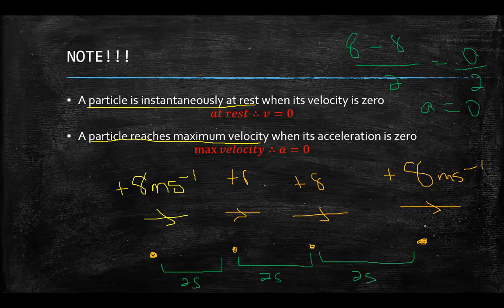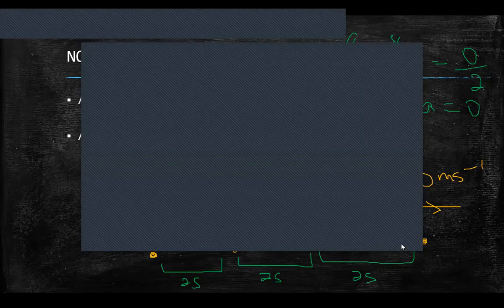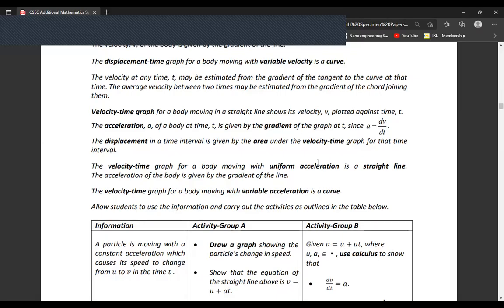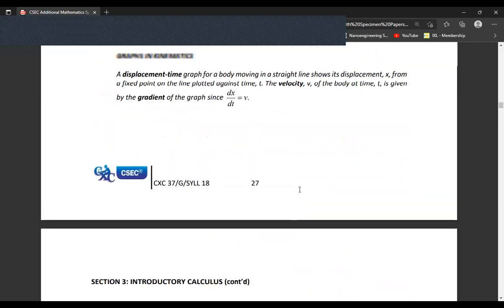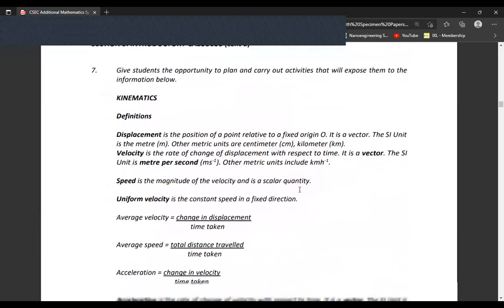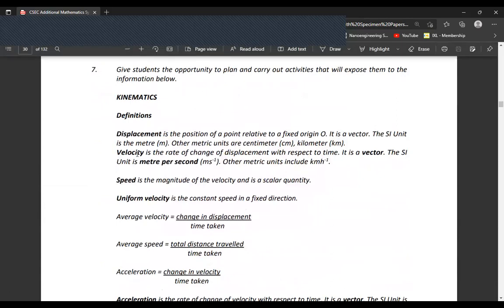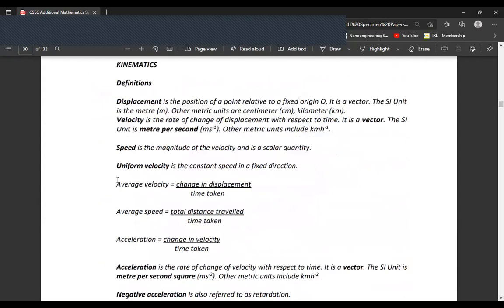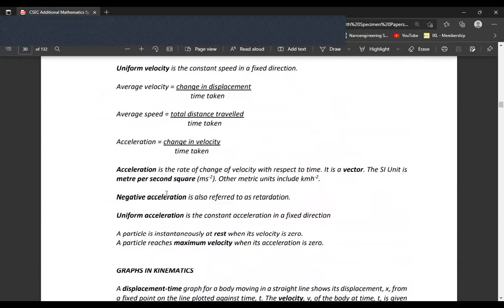Okay. Well, let me just show you where we are in the syllabus right now. What we just did was these definitions: displacement, velocity, speed, uniform velocity, acceleration, negative acceleration, retardation.